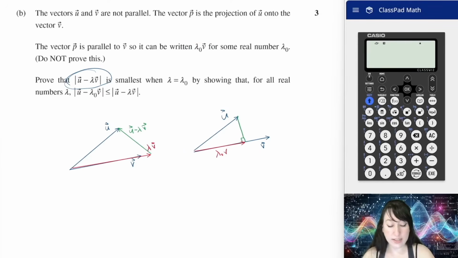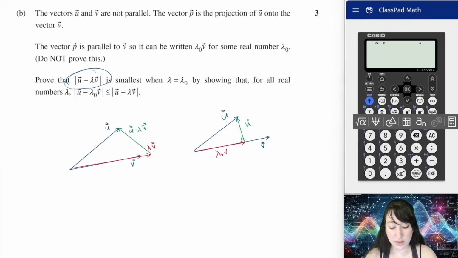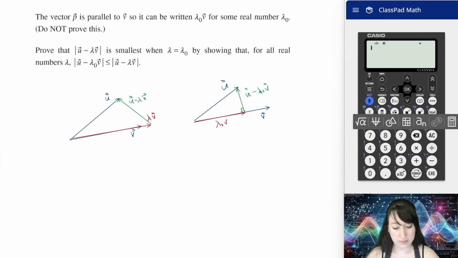And we're looking at that perpendicular line we drew as the vector u minus lambda v, where lambda is specifically lambda naught. So essentially what we're trying to prove is that the shortest distance to a line is perpendicularly. So what can we do? Well, we can start with the projection of u onto v.